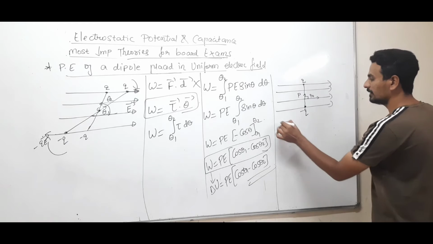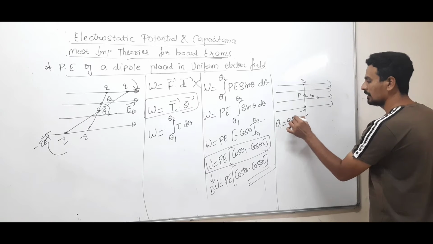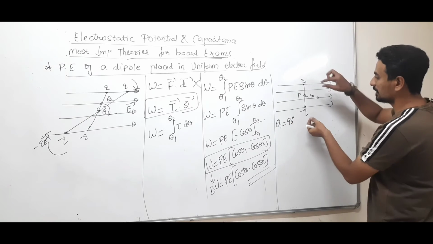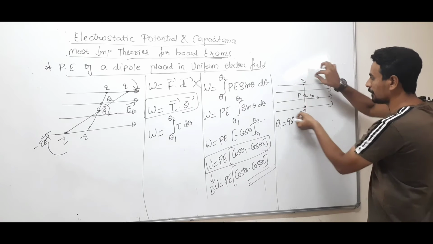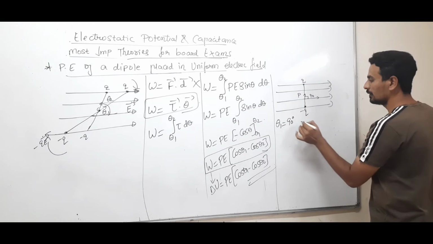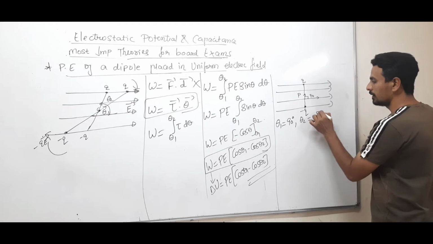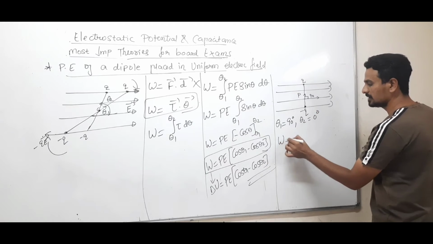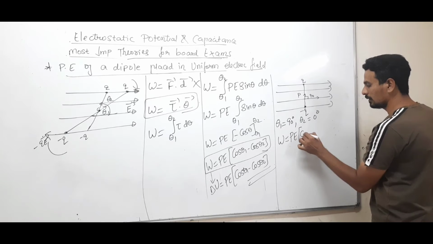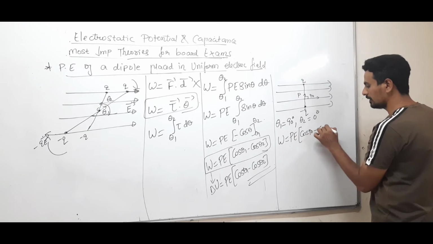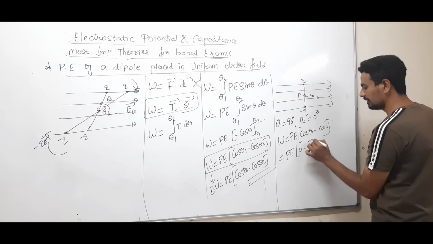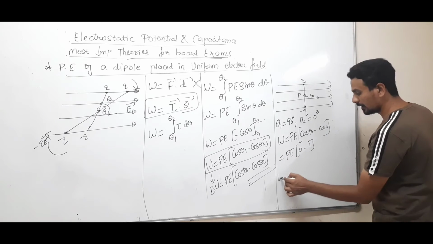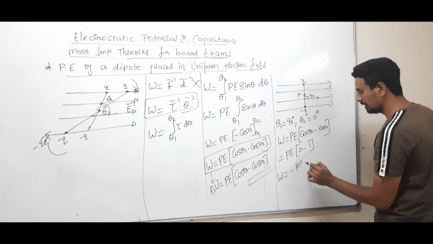So initial angle is 90, right? What is the work required to be done? Means work done by the electric field to rotate this dipole from 90 to 0. Substitute here, work done is P E cos 90 minus cos 0. So that is P E into 0 minus 1. So finally work done is minus P E.